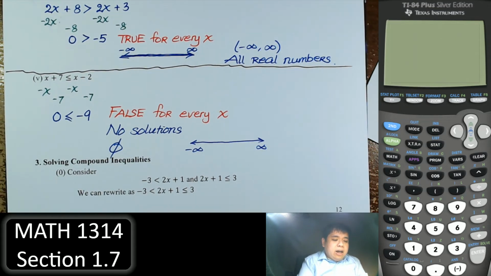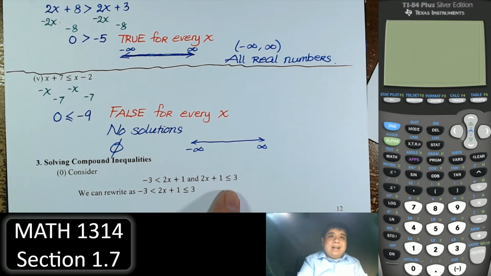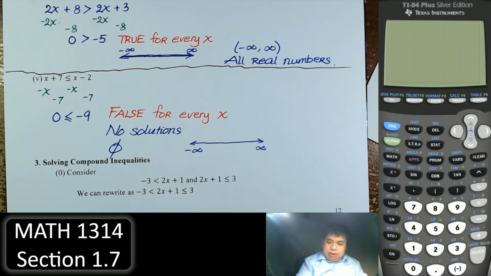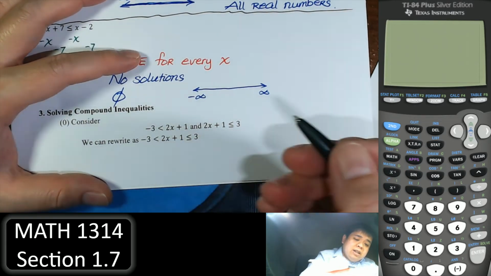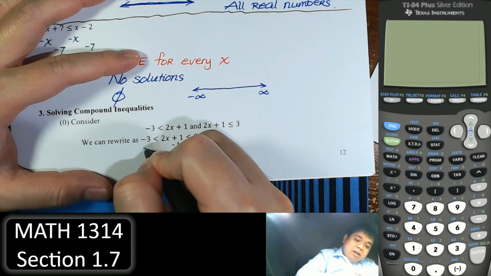Right. Next, solving compound inequalities. Negative 3 less than 2x plus 1, and 2x plus 1 less than or equal to 3. So when we put this together, we have 2x plus 1 between negative 3 and 3. To solve for that, we can just subtract 1, to try to get the x by itself.